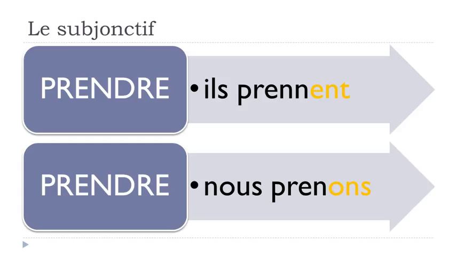So we can spot first the ending, because we know that ENT is the ending for ils, and then ONS is the ending for nous, and of course what we'll do is we'll take them away. So we'll put the endings away and we'll keep only this first part here and the first part here.